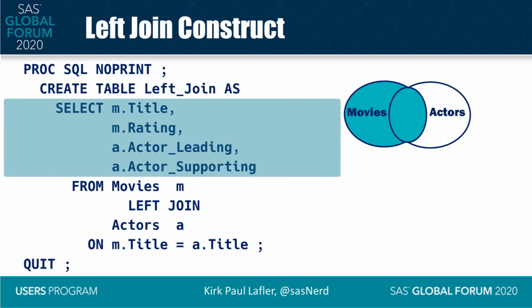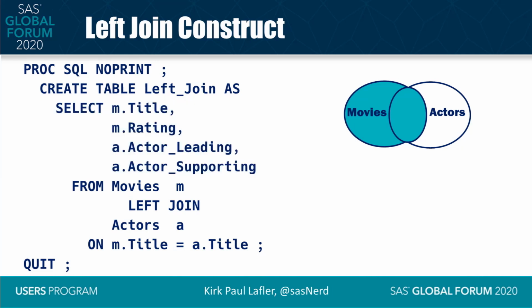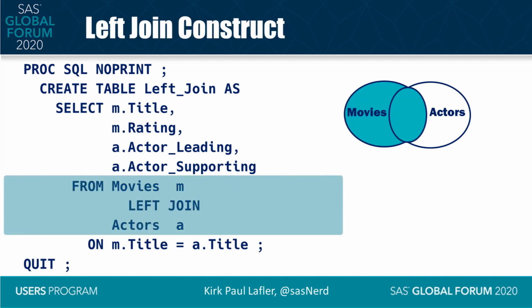From movies, instead of inner join, we're going to specify left join as our keyword to indicate the type of join we want to create, followed by actors. In this case, the left join keyword says the movies table is our dominant table or controlling table.